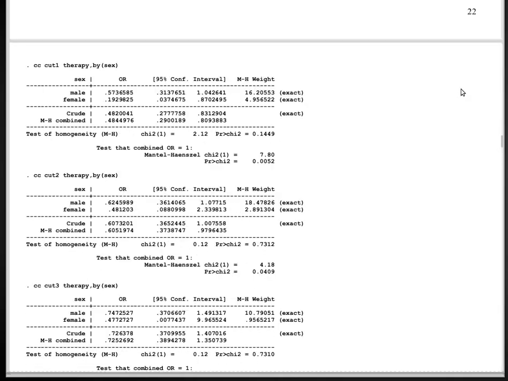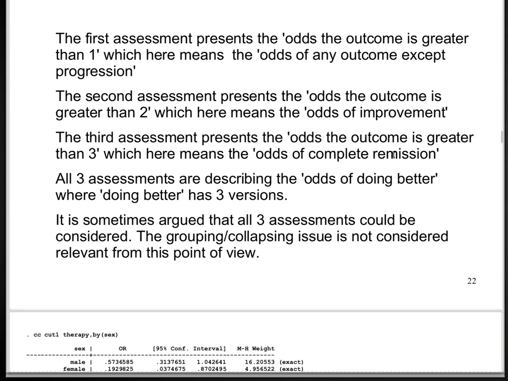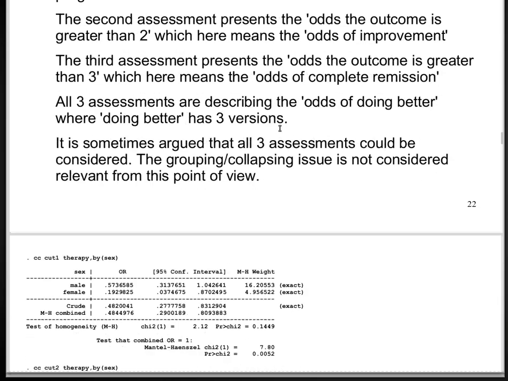Okay, so we then have the 3 cut analyses. We've got the stratified analysis using cut 1. You'll recall this is now the odds, in this case, of doing worse, right? Yes, correction. I'm spinning this in terms of the odds of doing better, right?